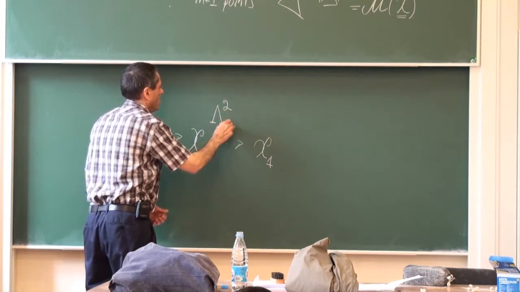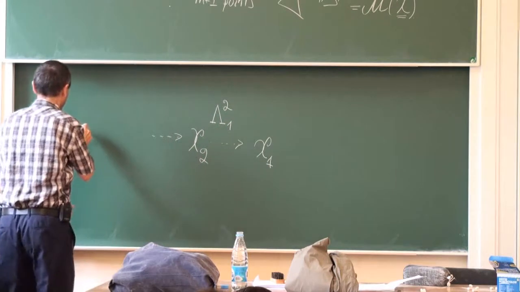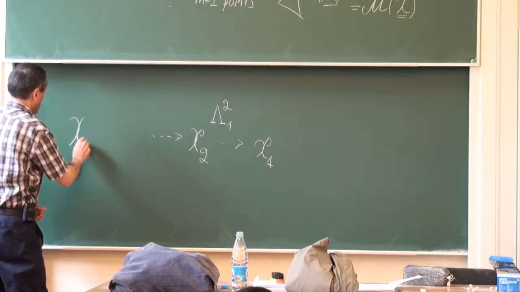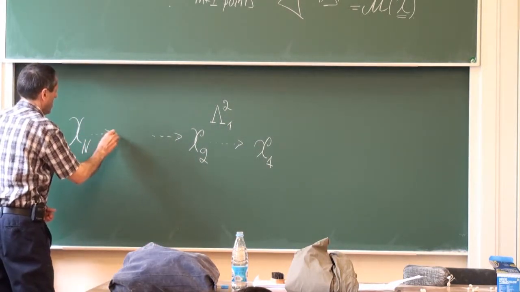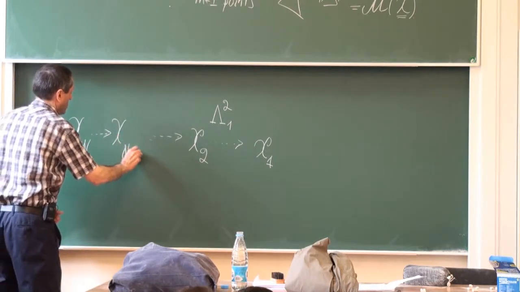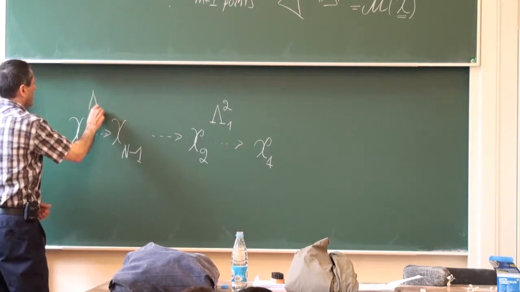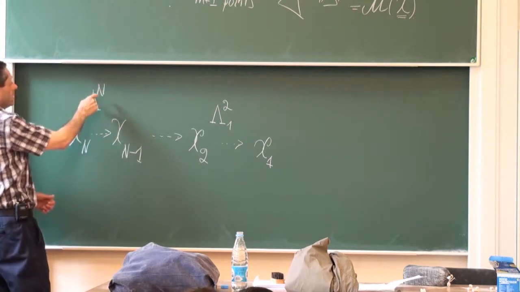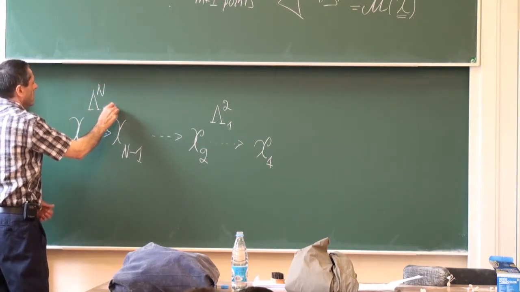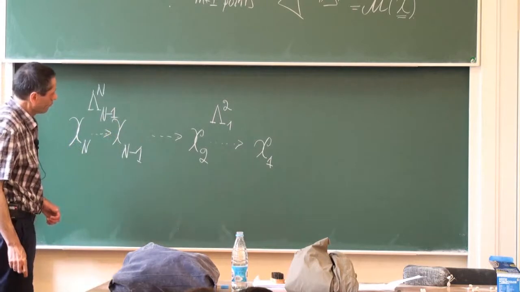In general, my notation will be X sub n to X sub n minus 1, and the Markov kernel will be defined with upper index n and lower index n minus 1. Okay?